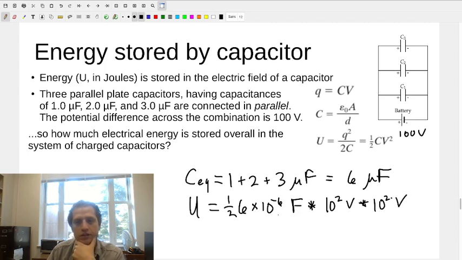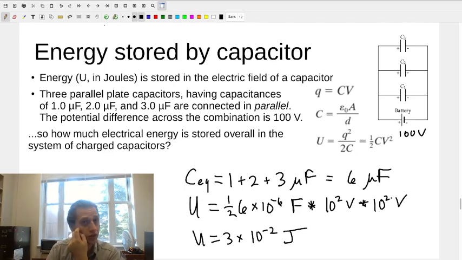So this is 10 to the minus 6 plus 2 plus 2, which gives me 3 times 10 to the minus 2 joules. Okay, so those are just two ways of thinking about the same thing.